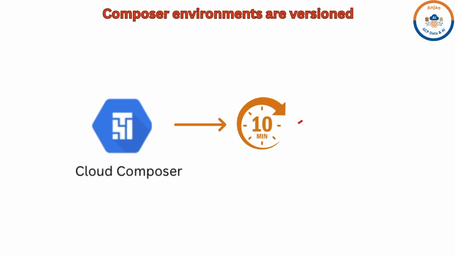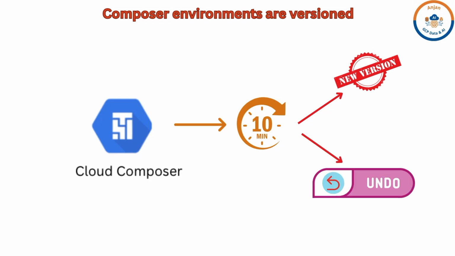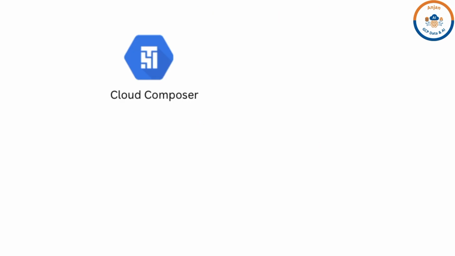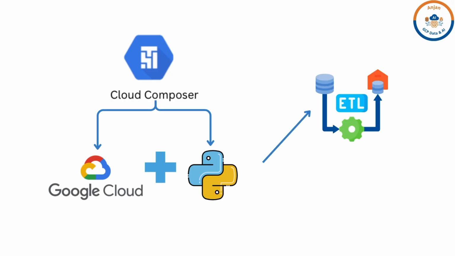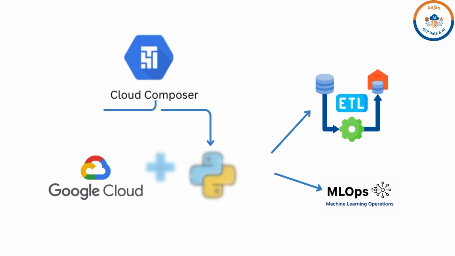You can deploy updates, test new DAGs in isolation, and roll back changes if necessary, providing operational discipline often required in regulated industries. This comprehensive set of tools, combined with the power of Python and reliability of Google Cloud, makes Cloud Composer the definitive choice for orchestrating mission critical ETL and MLOps workflows.